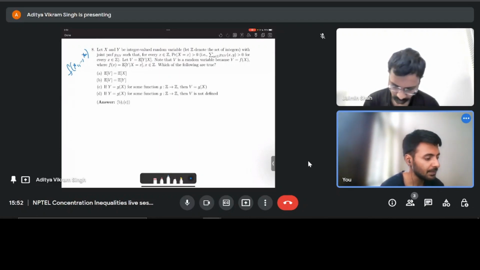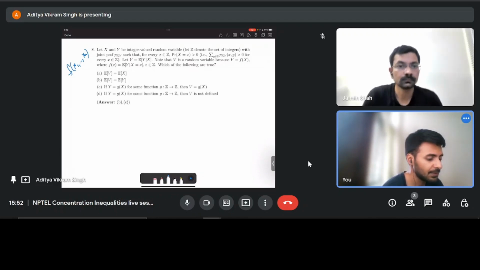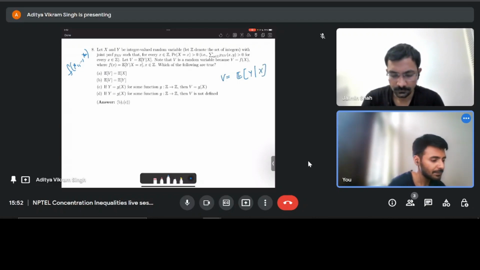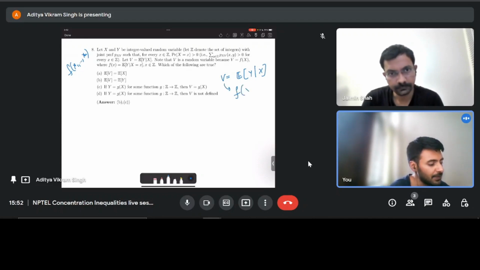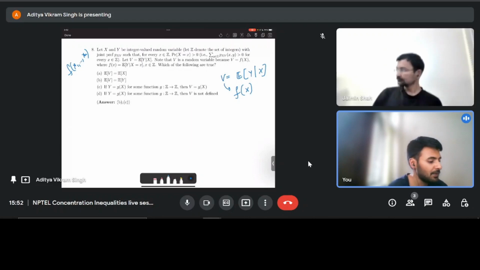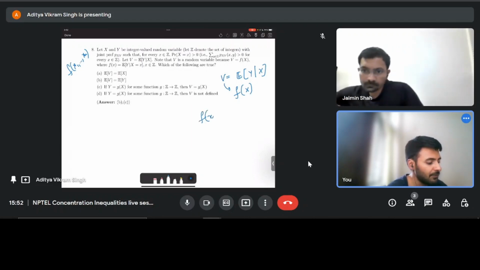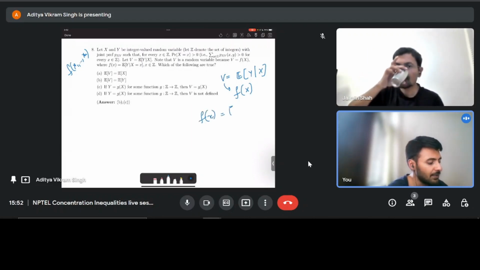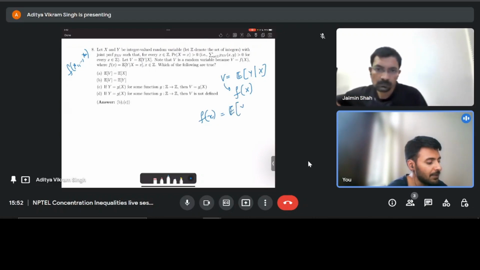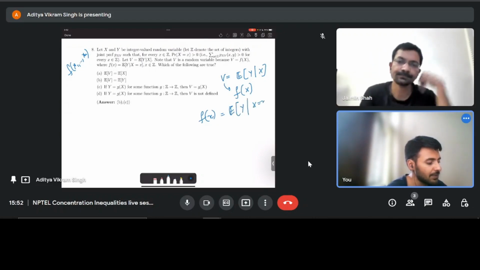Okay, so we have x and y, integer valued random variables with a joint PMF, and then we have this new random variable v, which is the expectation of y given x. Here v is a random variable, so v is a function of x, right? You can interpret it that if you fix an x, then v is just the expected value of y given x equals x.